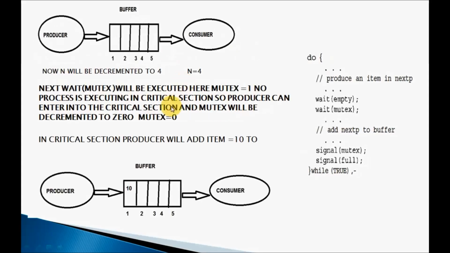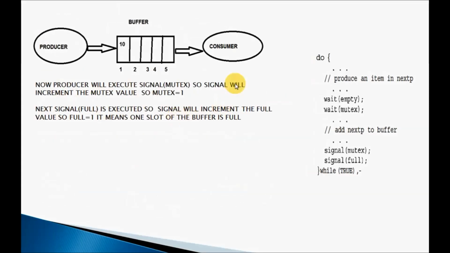The value of the mutex is 0, because it was changed to 0 by the producer. Before leaving, the producer will change the mutex value to 1. Why? If a consumer wants to enter the critical section, it can enter easily because the value of mutex is now 1, changed by the producer.